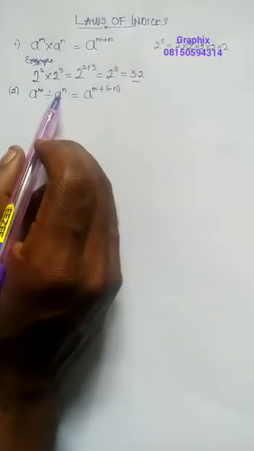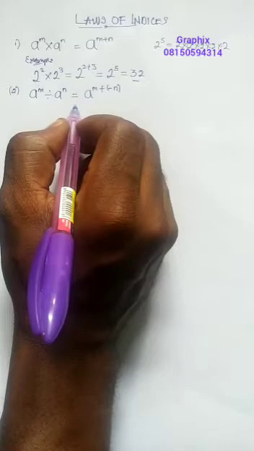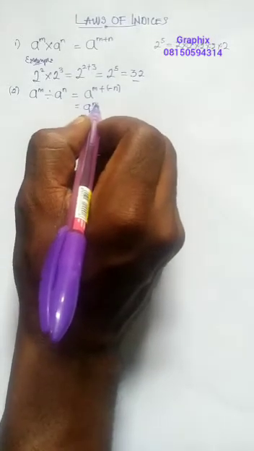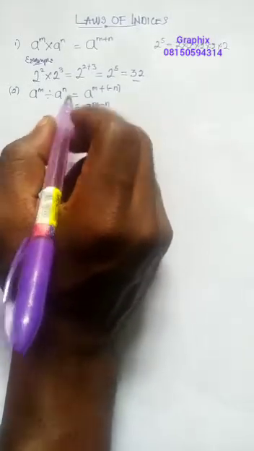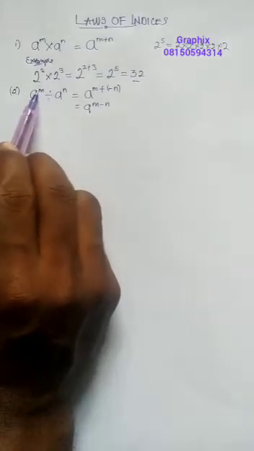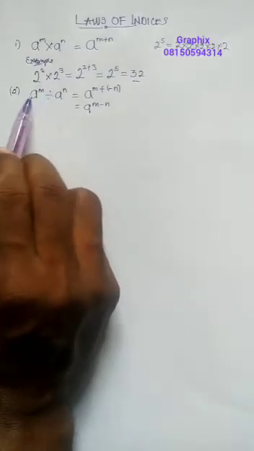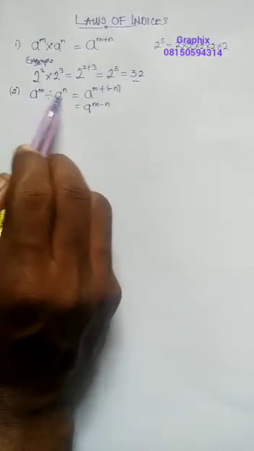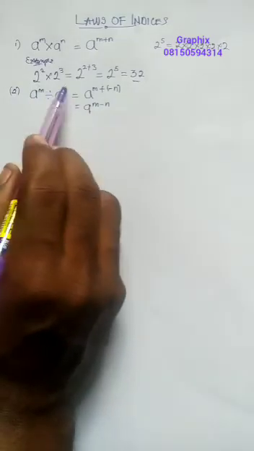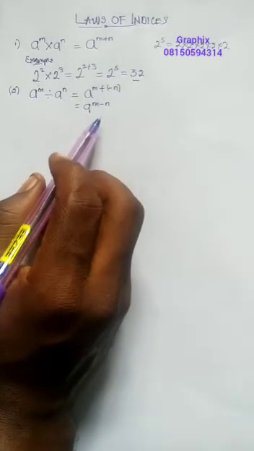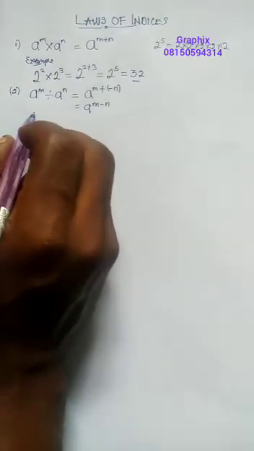Are we good? Because this divided by a to the n means minus n, and this will give me a to the m minus n. So whenever you have two values dividing each other, you're going to subtract the powers. Is that taken? So let's take this example.